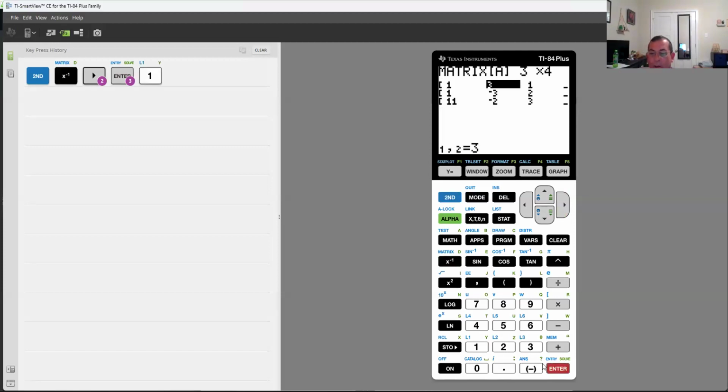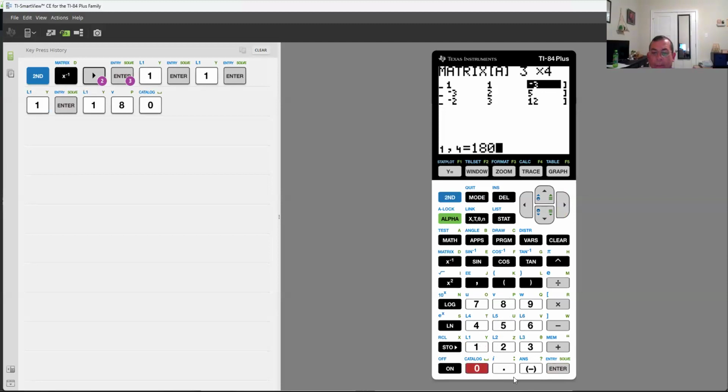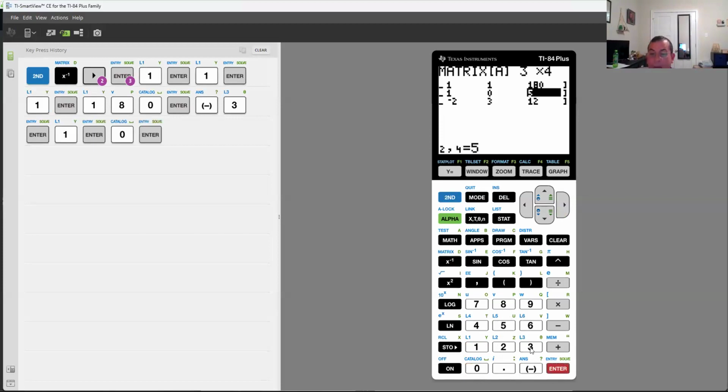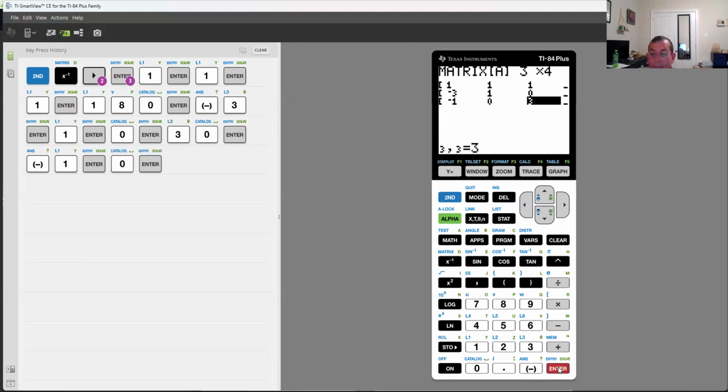I had 1 enter, 1 enter, 1 enter, and 180. Second row, I had a -3, enter, 1 enter, 0 enter, and 30. Then that last row, I had a -1, a 0, a +1, and then 60 enter.